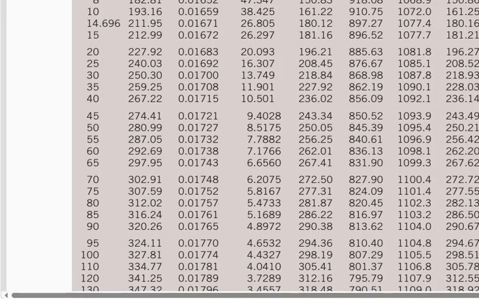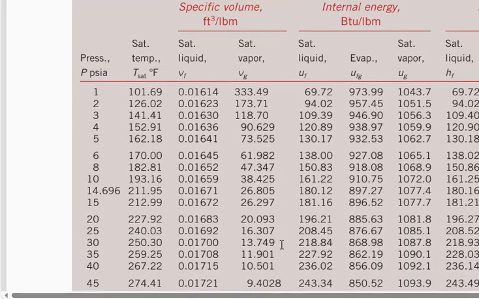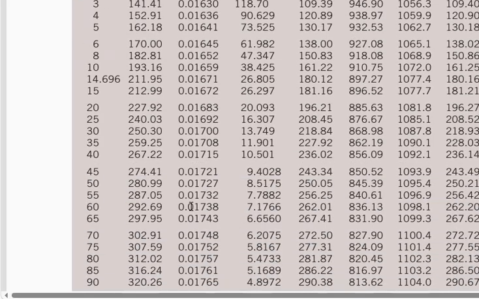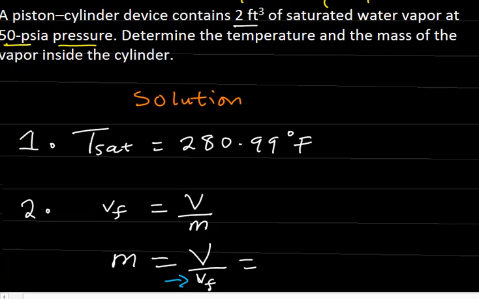Let's go to the property table, then we'll go to the specific volume column. So Vf at 50 psia is 0.01727.